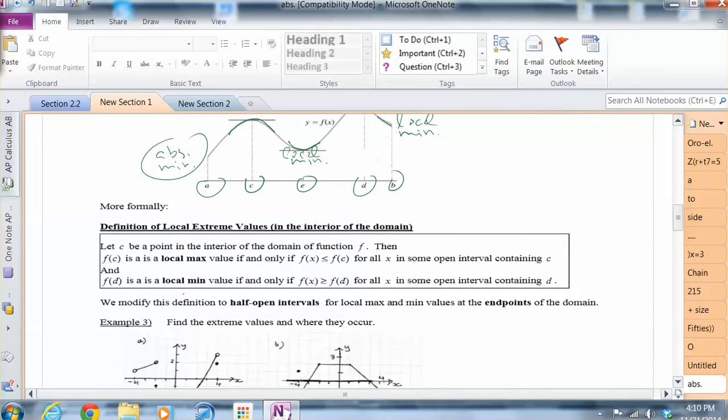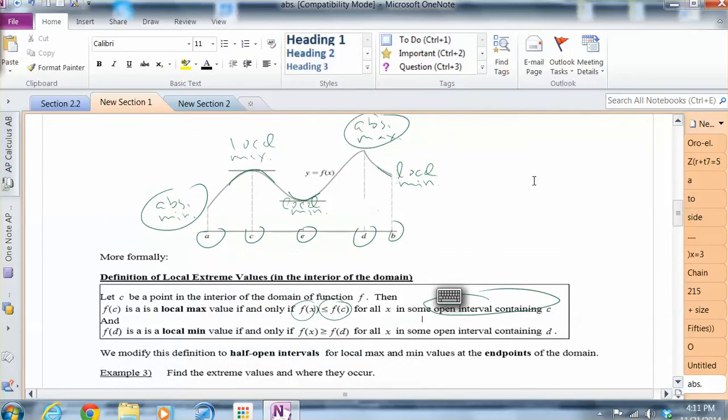So more formally, we could say the following, that f of c in this case is a local maximum because our y values were definitely less than or equal to f of c for some open interval containing c. So what if my open interval was from there to there?